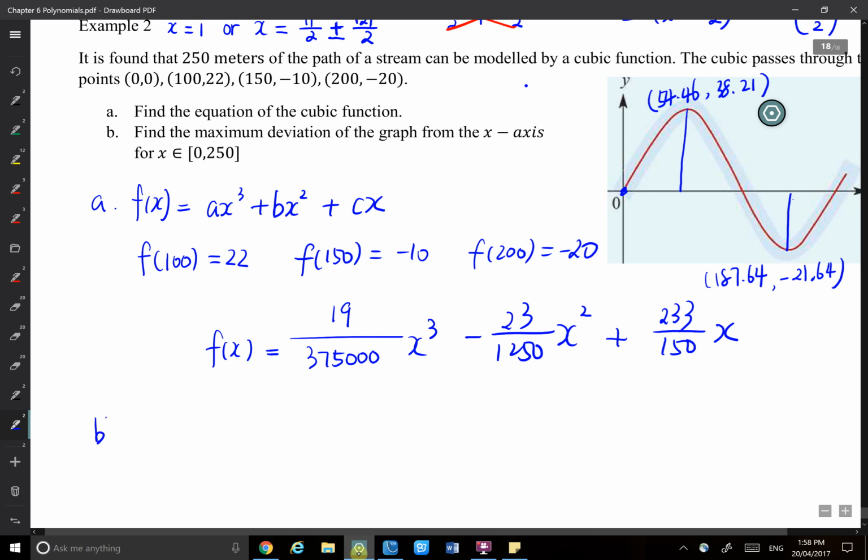Okay, so the maximum deviation is 38.21.